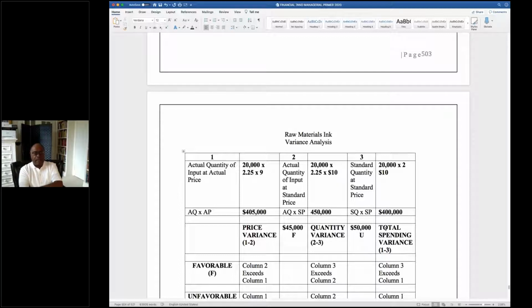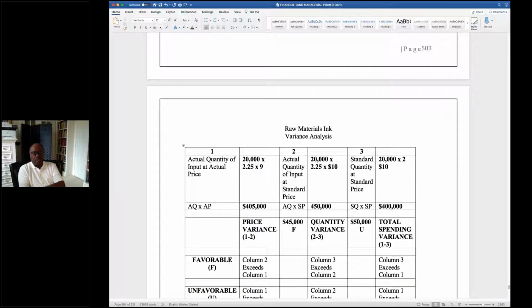So we had a very big 50,000 unfavorable variance on the production side. So we bought the ink low, so those people get a bonus. On the other hand, we used 2.25 as opposed to 2, so we had an unfavorable variance.